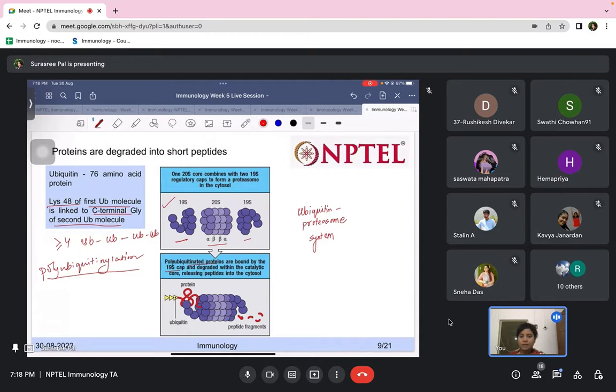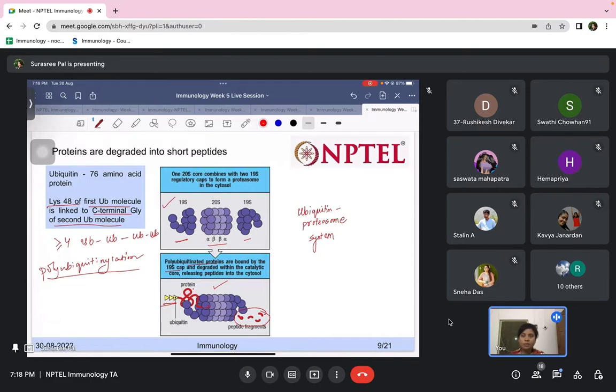This carries the protein into the core of the proteasome. Here you can see this protein with its ubiquitin tag being carried into the core, where the proteasome will degrade the protein and make peptide fragments. This is how proteins are degraded in the cytosol.